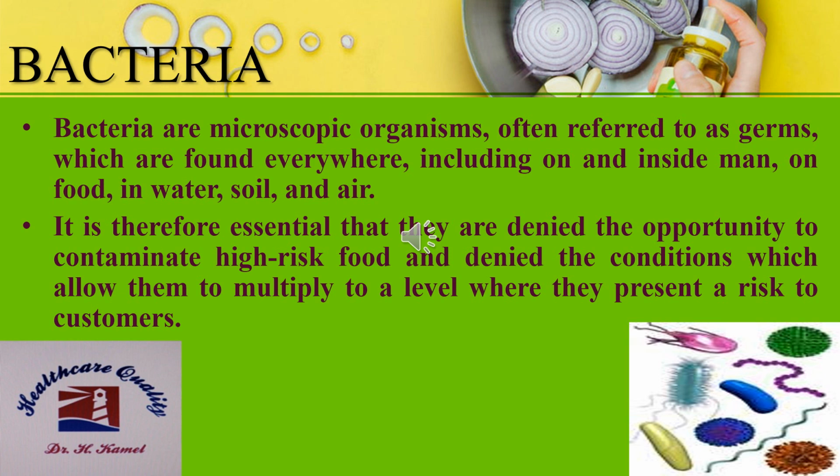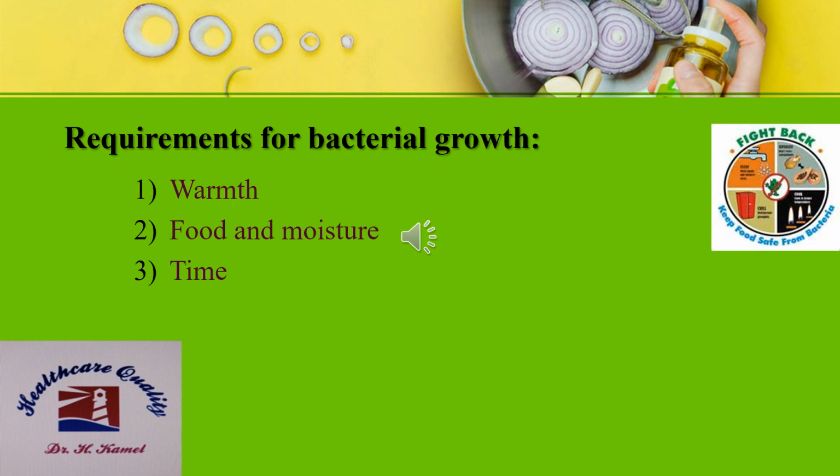It's therefore essential that they are denied the opportunity to contaminate high-risk food and denied the conditions which allow them to multiply to a level where they present a risk to customers. There are three requirements for bacteria to grow: warmth, food and moisture, and time.